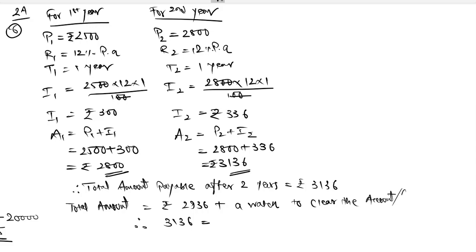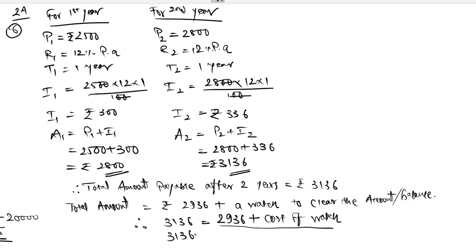Clear the account or clear the balance. So 3136 is equal to rupees 2936 plus cost of watch, right? Because this clears the whole account.